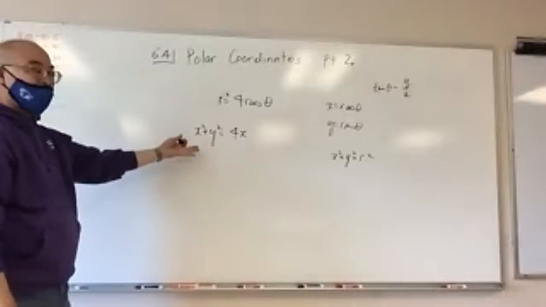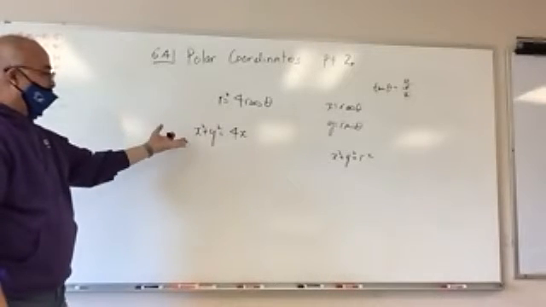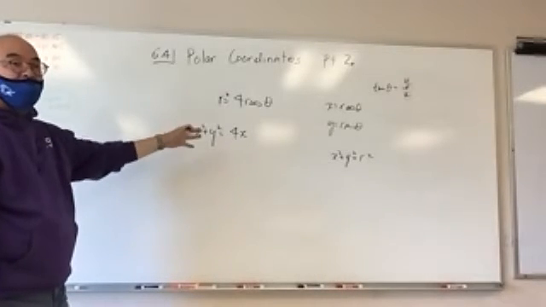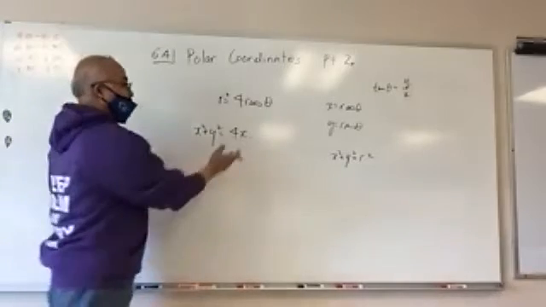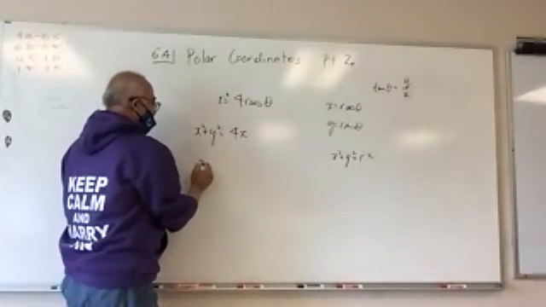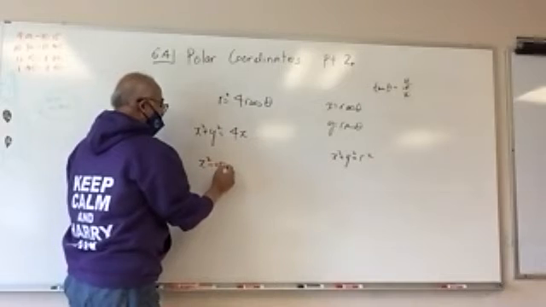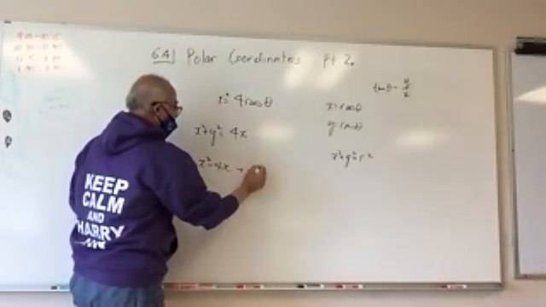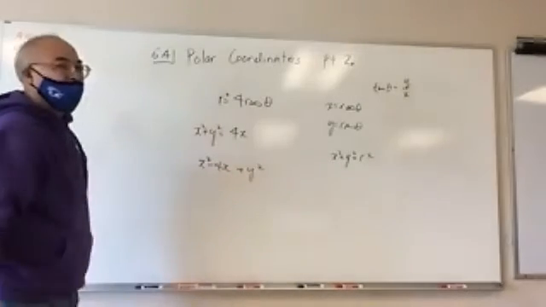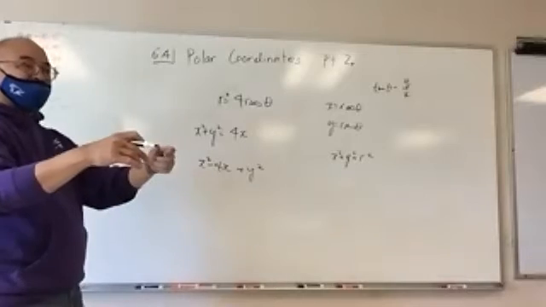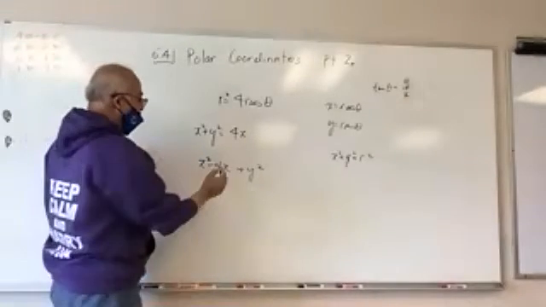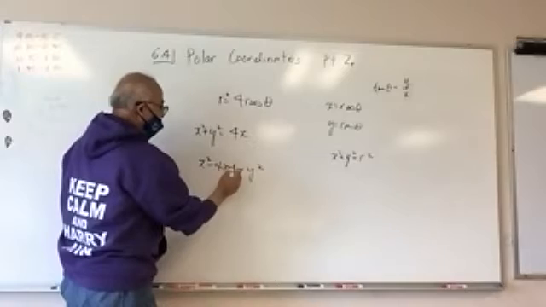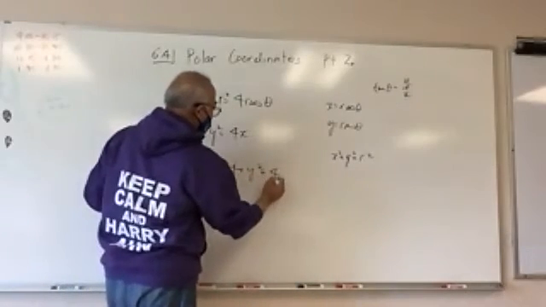Aha. So now I am in Cartesian coordinates. I'm in x and y coordinates, right? Everything has been properly moved over. I just need to manipulate this. So I'm going to move that guy over. Now I'm going to complete the square by adding a 4 on both sides.